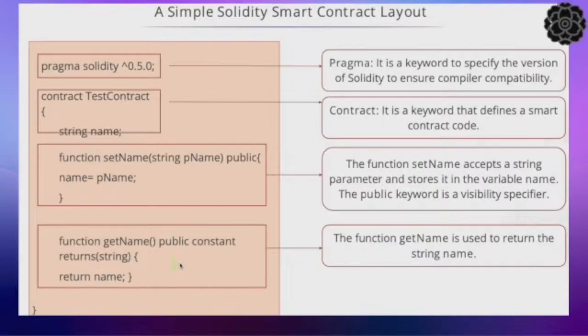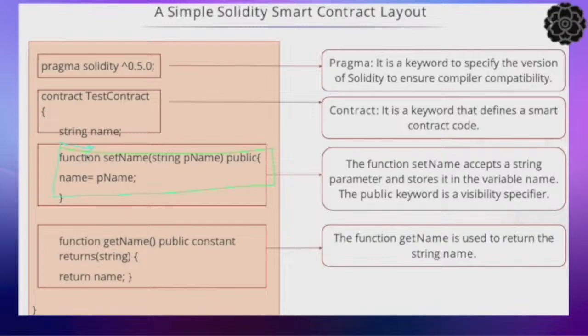And what else do we get after that? We are going to pay some gas fee. So what is the gas fee? Whenever we deploy any function in a Solidity smart contract, we pay some gas fee.